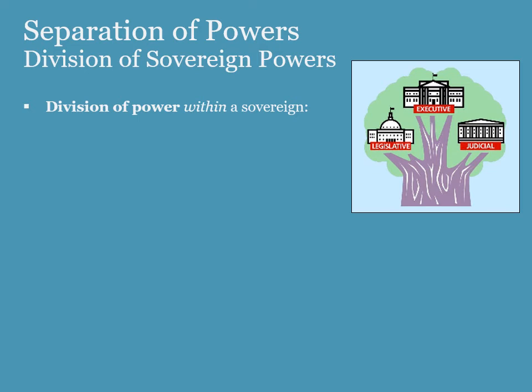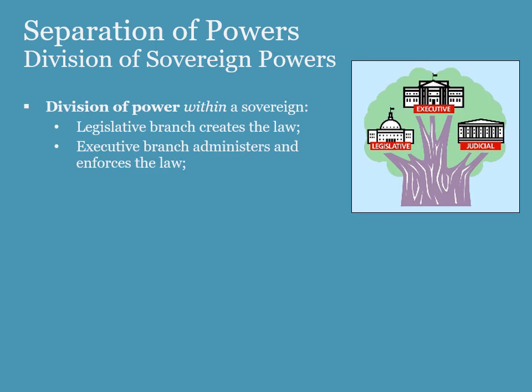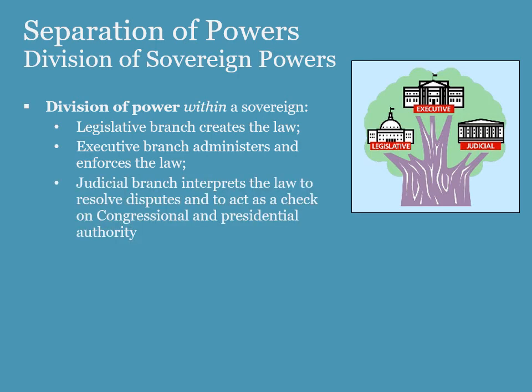Based on this principle of separation of powers, Congress creates the law, the president and the executive branch carry out the law, and the courts interpret the law to resolve disputes and to act as a check on congressional and executive power grabs.